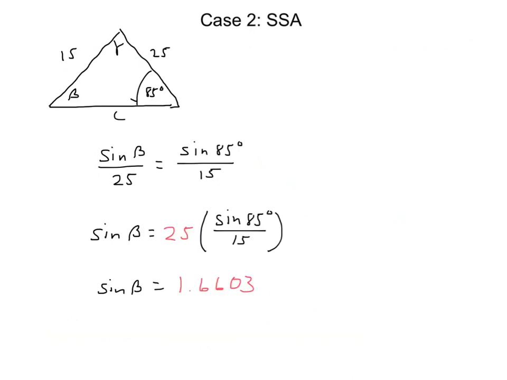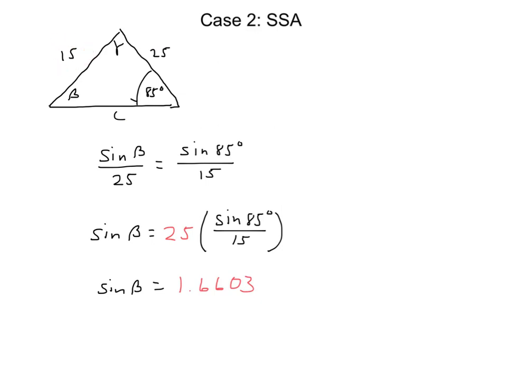Now we'll get to the side-side-angle, the ambiguous case. This is another one where we use law of sines. On this particular problem, what we're given is that this angle here is 85 degrees. I'm told that this side here is 25 and this side is 15.